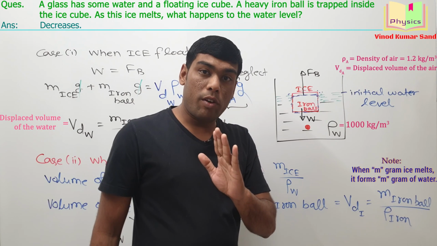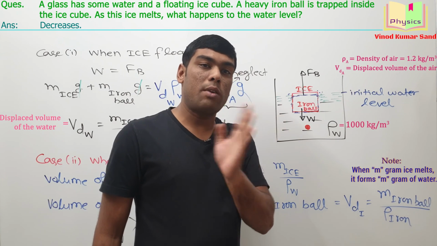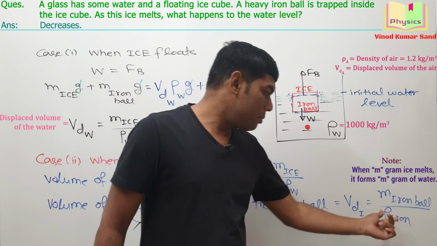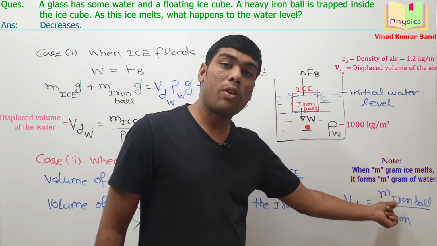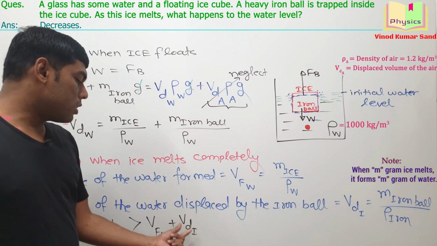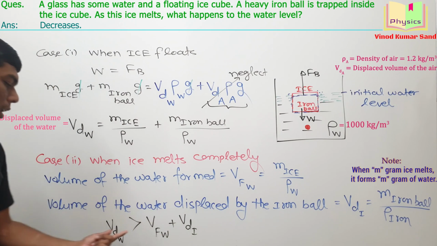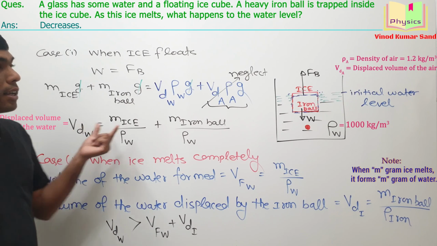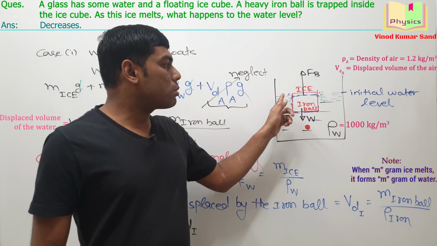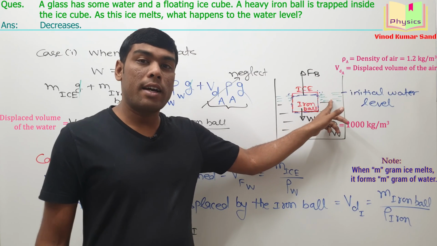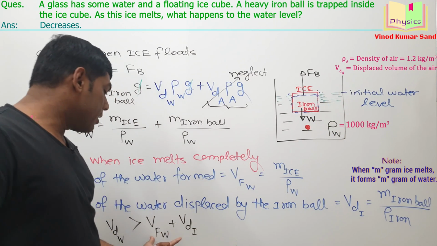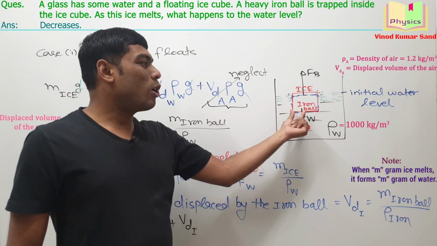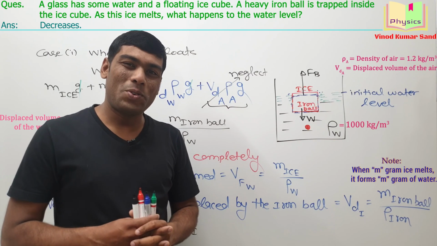The density of iron is between 7,000 and 8,000 kg per meter cube. So this data will be smaller. If this data is smaller, then we'll get such a result. And this result indicates that initially the volume of water displaced was greater and later on it is less. So the water level will fall down.